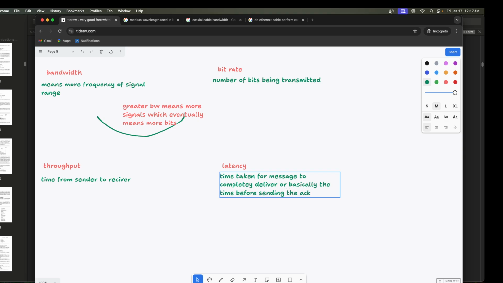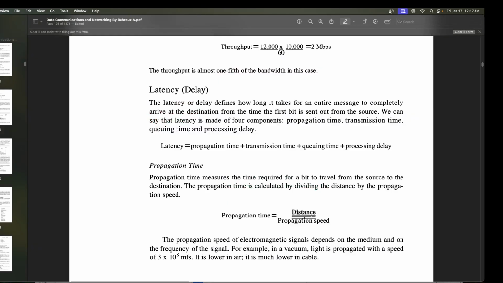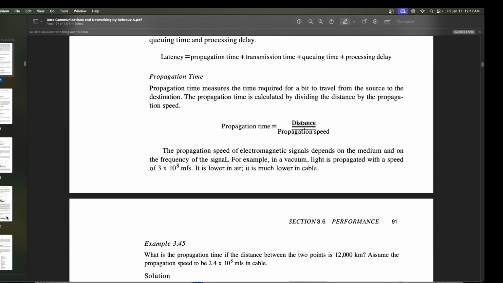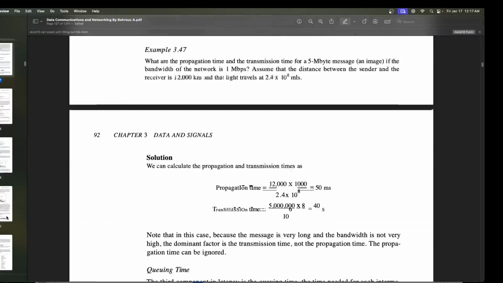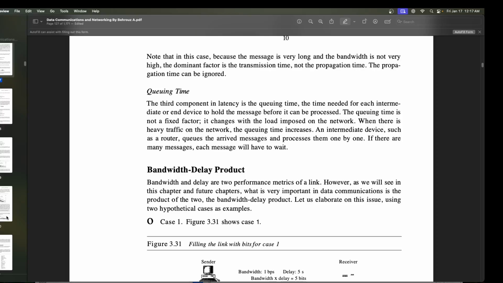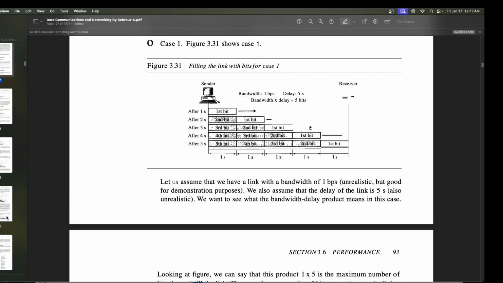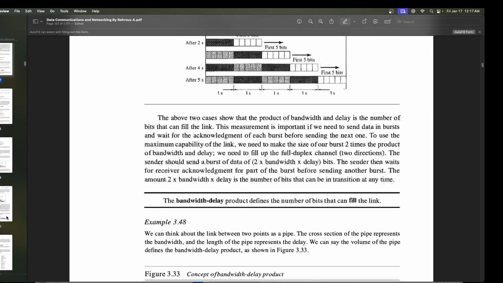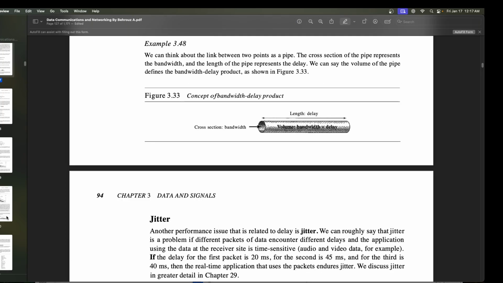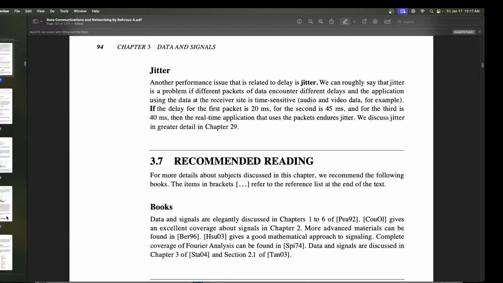The acknowledgement. Now what else? Queuing times. Now this is how the request is queued, right? You'll wait. Jitter.